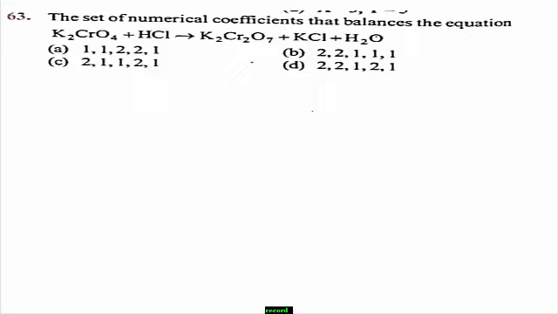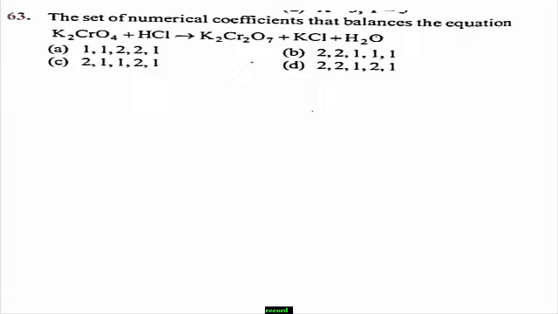The set of numerical coefficients, respectively. Option A 1 1 2 2 1, option B 2 2 1 1 1, option C 2 1 1 2 1, and option D 2 2 1 2 1. Which one is the right answer?